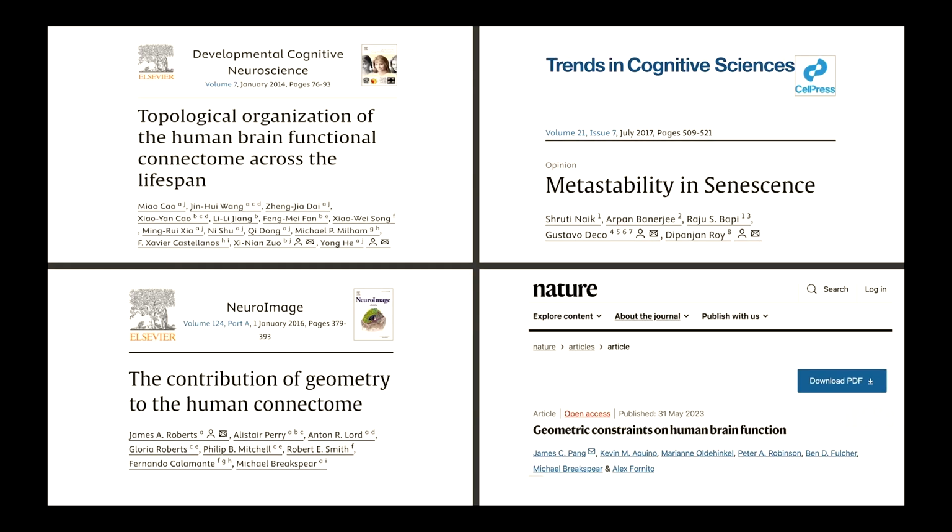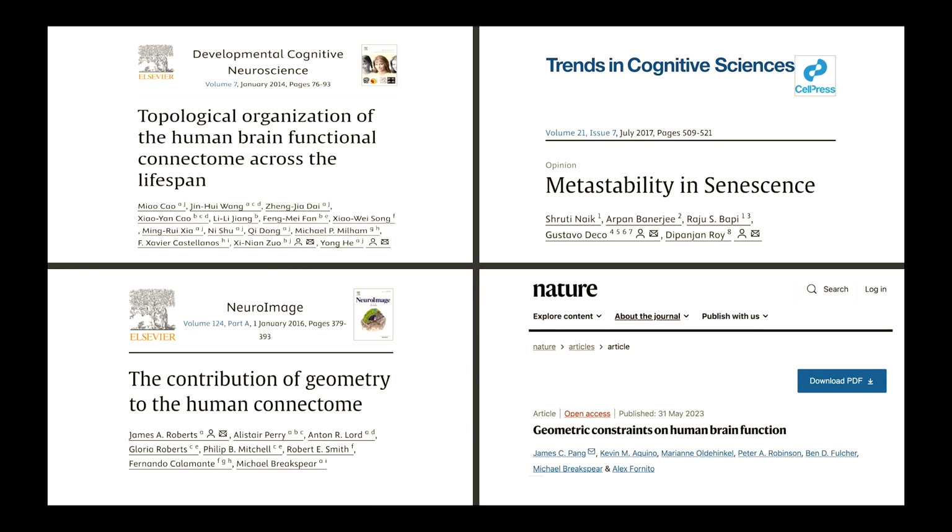So, evolution has created this kind of brain in which every structure has been packed in a particular type of geometry, and that geometry constrains human brain function and the kind of brain dynamics generated from that structure. We also argued that there is a huge contribution of geometry to the human connectome and its topological organization, just like you saw in my previous talk yesterday.